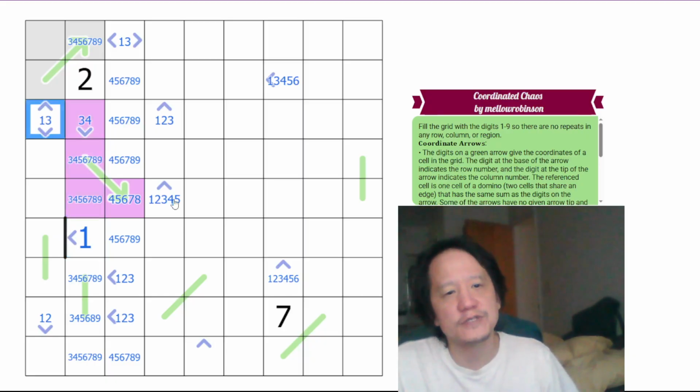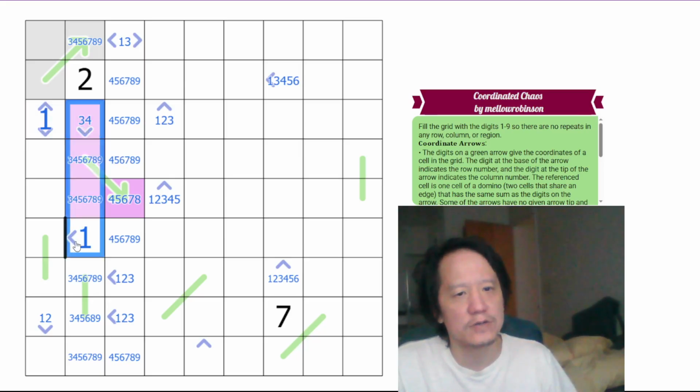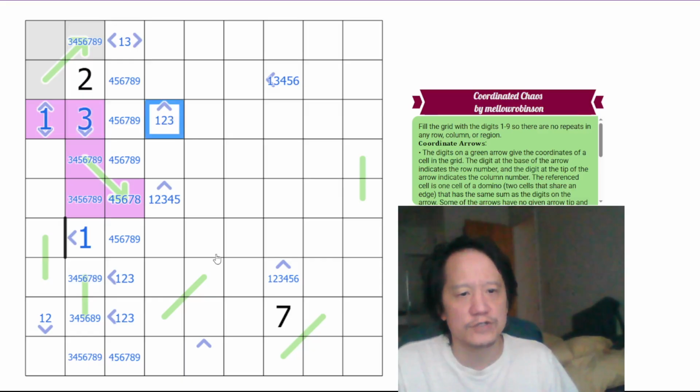Okay, so what happens if this is 1? If this is 1, this cannot go down here, because then this one is blocked. So then this would be 3 going this way, which would force this to be 2.